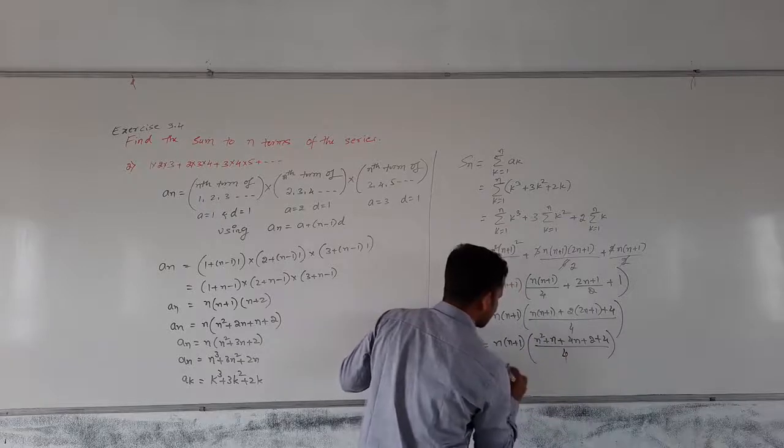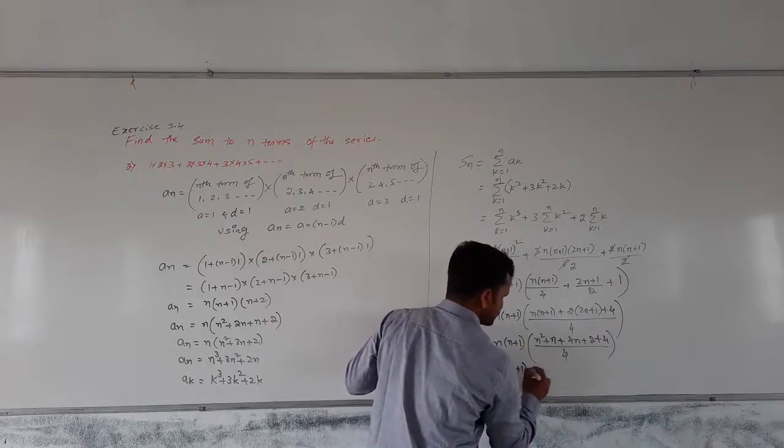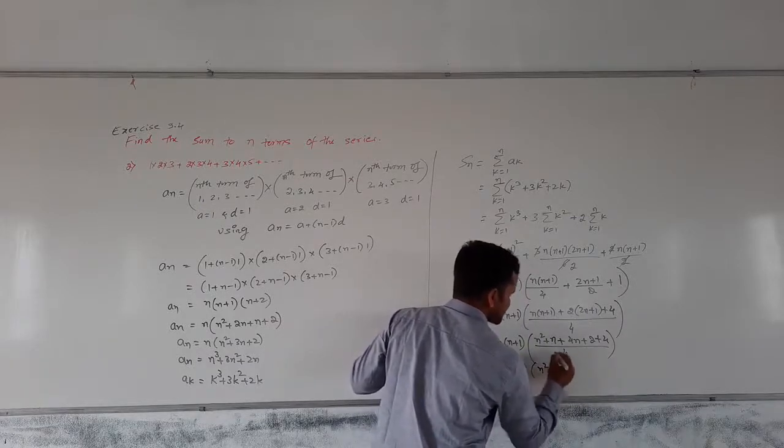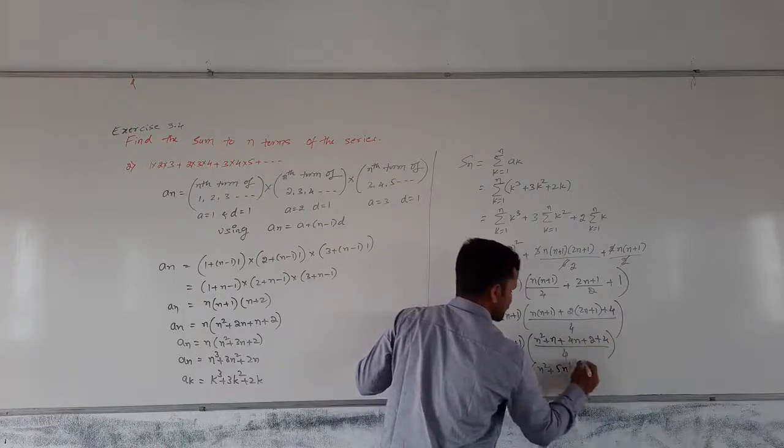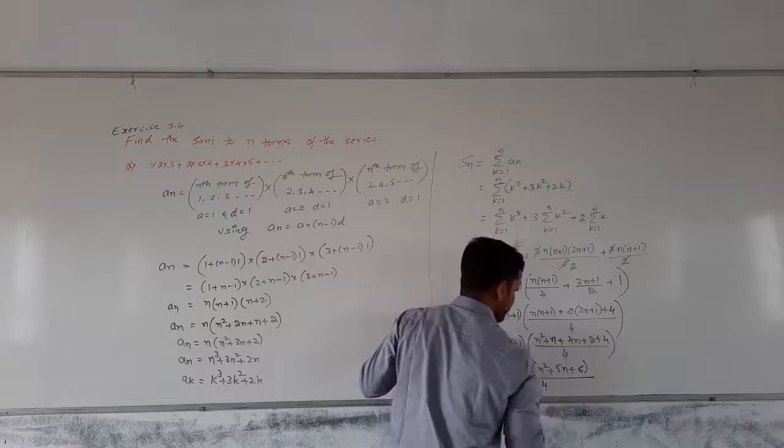This is equal to n into n plus 1 into n square plus n plus 4n is 5n, 2 plus 4 is 6, whole divided by 4.